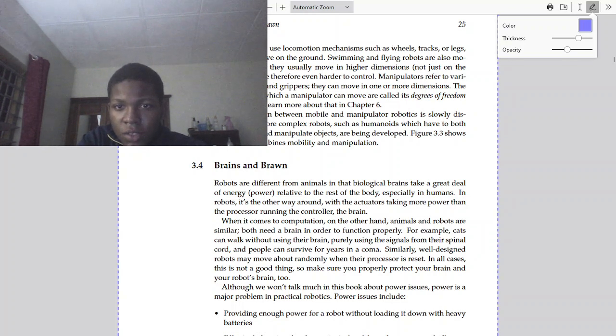Swimming and flying robots are also mobile robots, but they usually move in higher dimensions, not just on the ground, and are therefore harder to control, because they have more degrees of freedom.